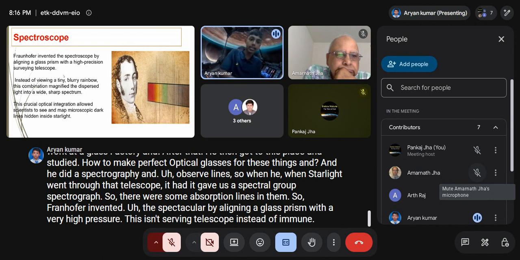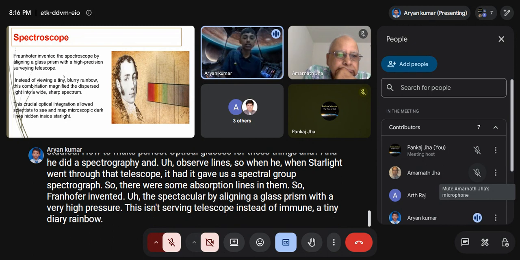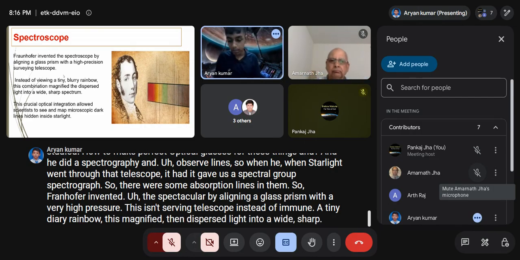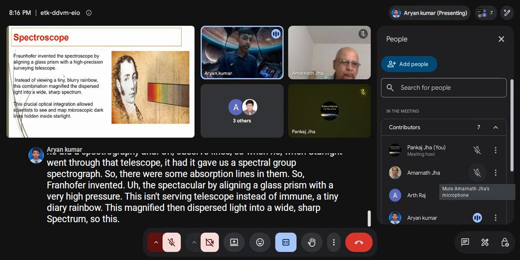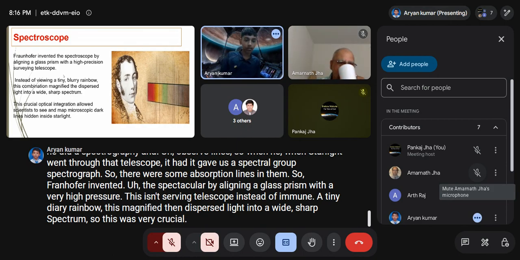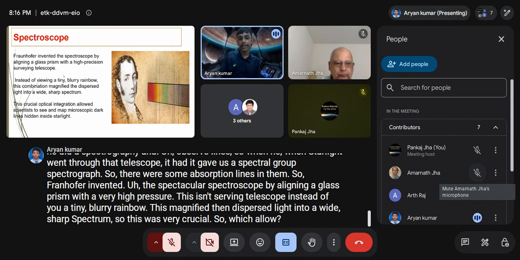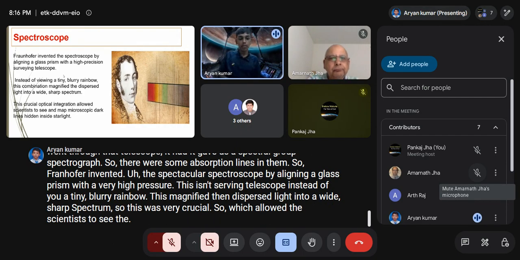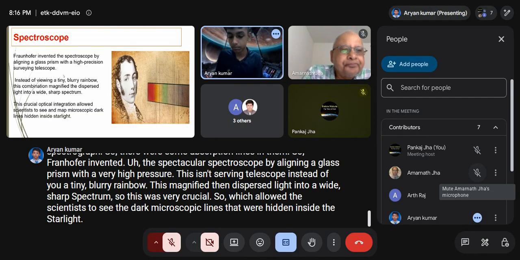Instead of viewing a tiny blurry rainbow, this magnified the dispersed light into a wide, sharp spectrum. So this was very crucial, which allowed the scientists to see the dark macroscopic lines that were hidden inside the starlight.